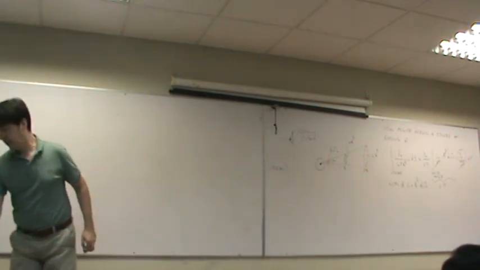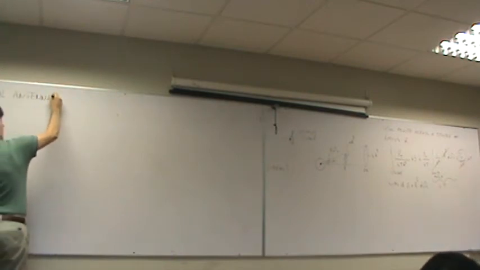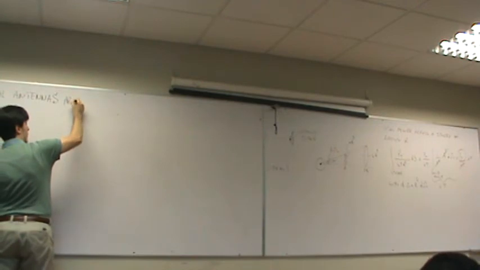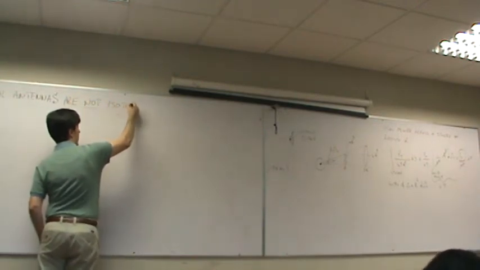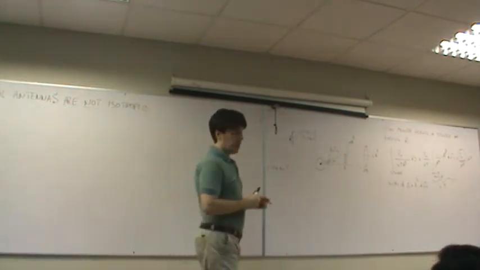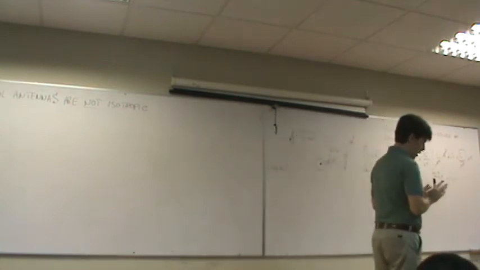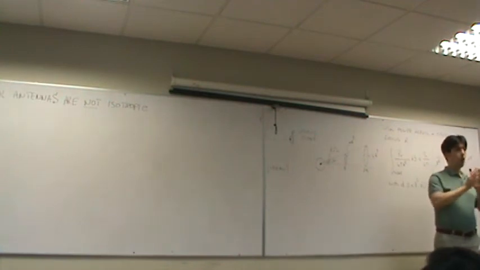Actual antennas are not isotropic. That is, they concentrate the energy in one or more directions with respect to other directions.